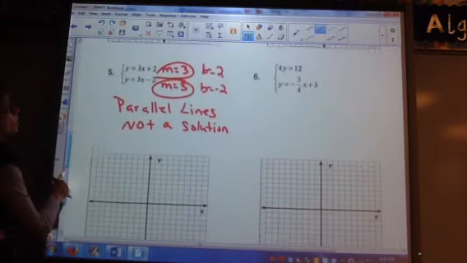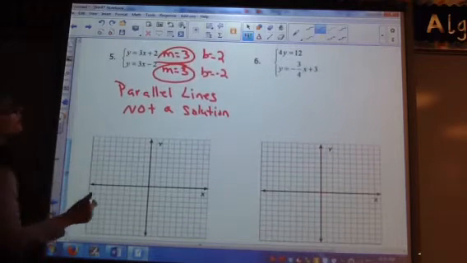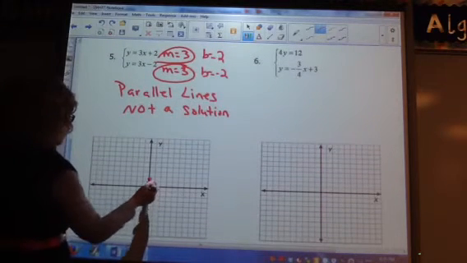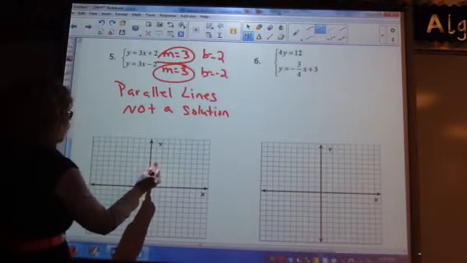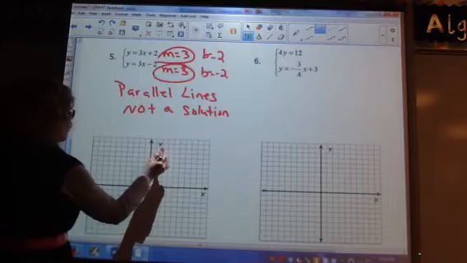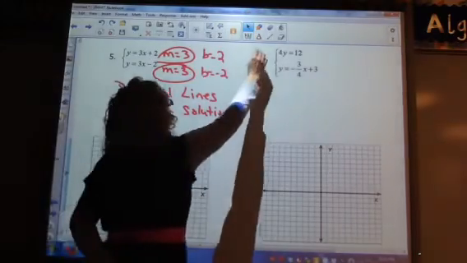Now, whether you believe me or not, let's check and see. All right, so start at 2 on your y-axis. Let's go up 3, over 1, up 3, over 1.